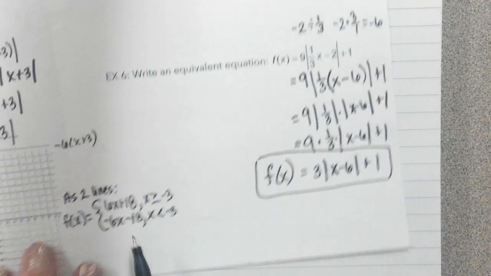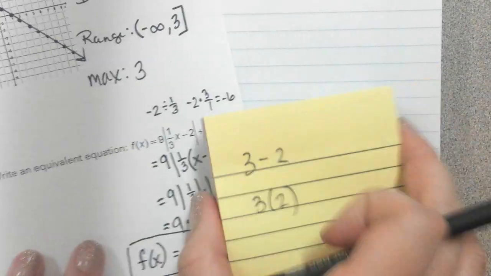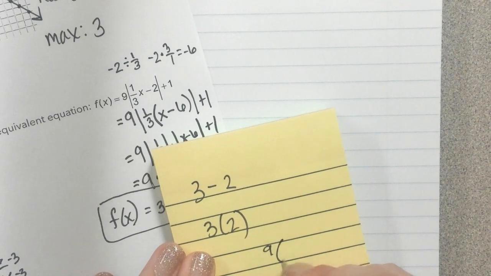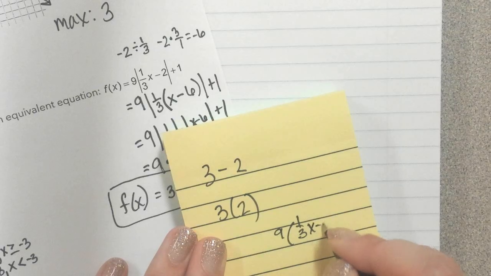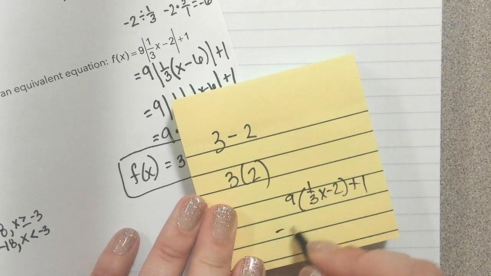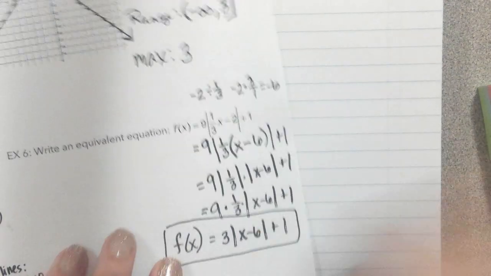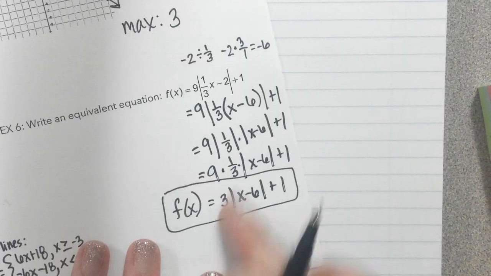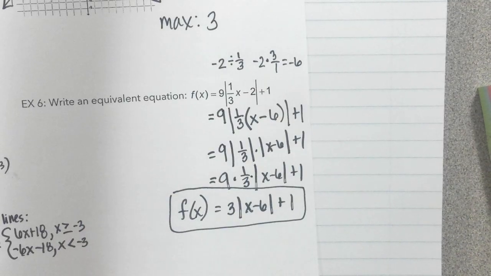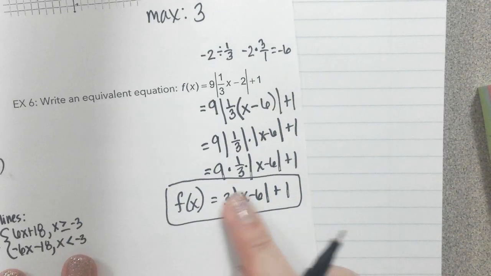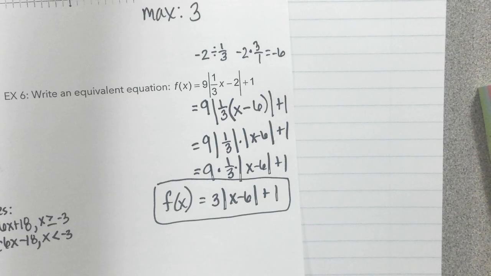So I'd have to write it as 9 times 1/3 x minus 2, plus 1, and negative 9 times 1/3 x. I see what you're saying, because yes, it would make a 3. But you can't break into the absolute value, basically.